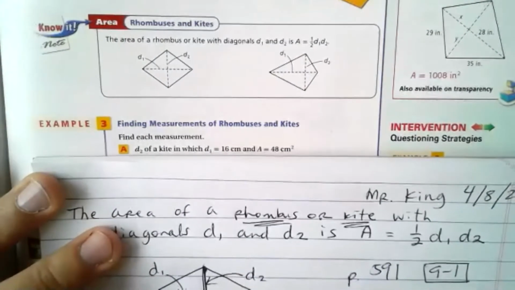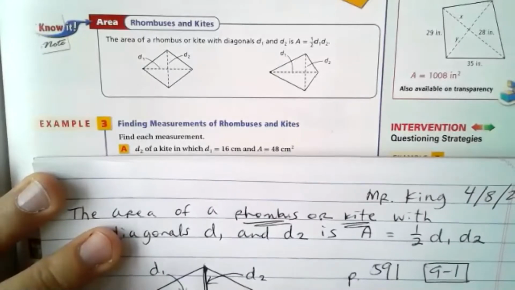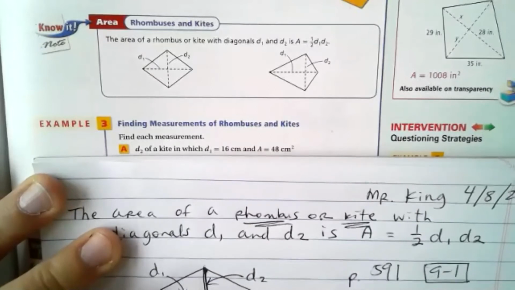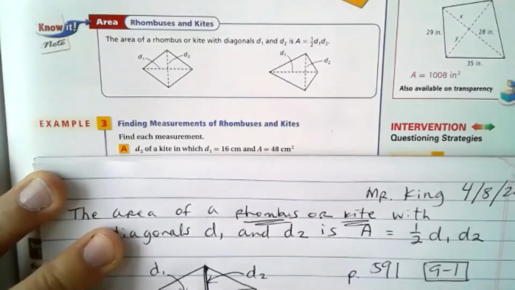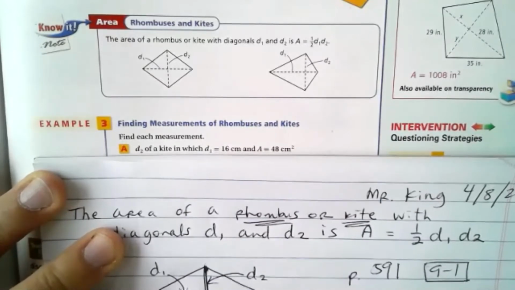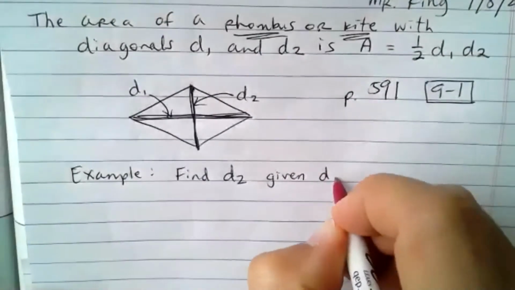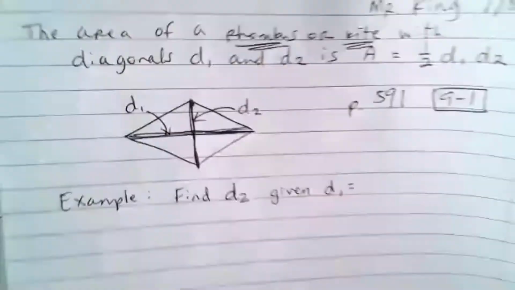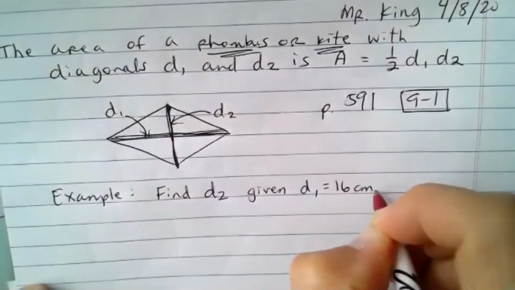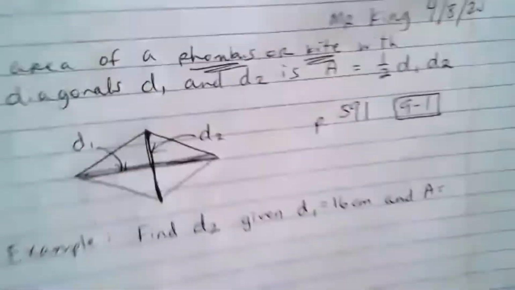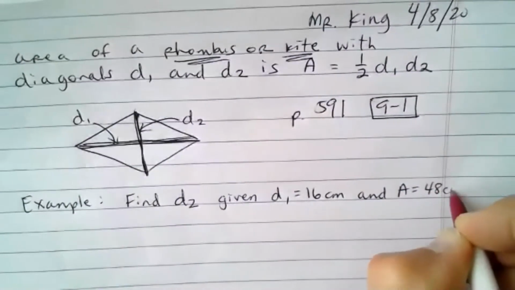So in this case, we're going to do the example. All right, so we're going to find D2 given, I'm going to come down here and show you what I'm doing. Given that D1 is equal to 16 centimeters and A, the area of the shape, is 48 centimeters squared.